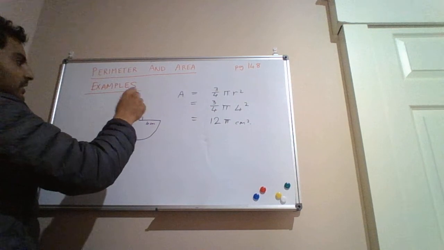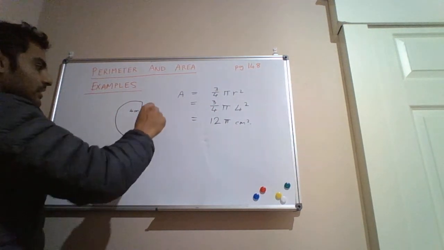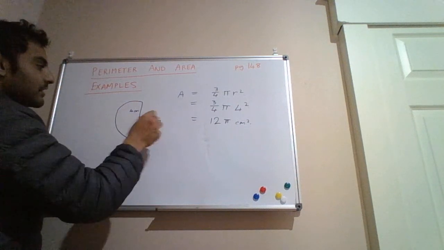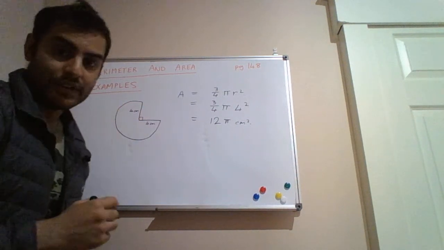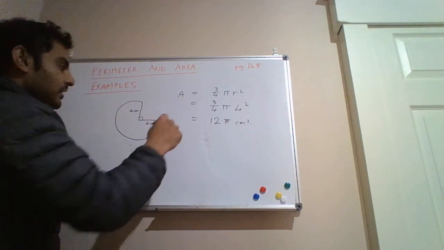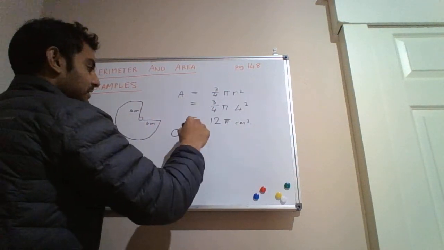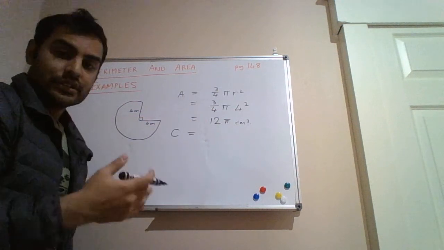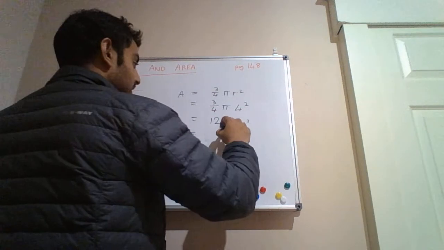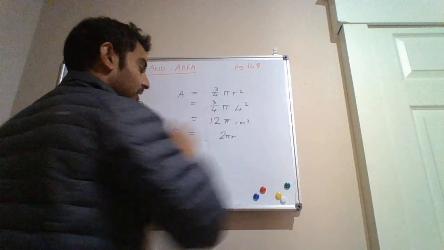The perimeter is going to be the length of this, which is 3/4 of a circle, and then don't forget we have to add 2 radii, the 4 centimeters and the 4 centimeters. So the circumference of the circle, we're going to use our usual formula for circumference of a full circle, which is 2 pi r.